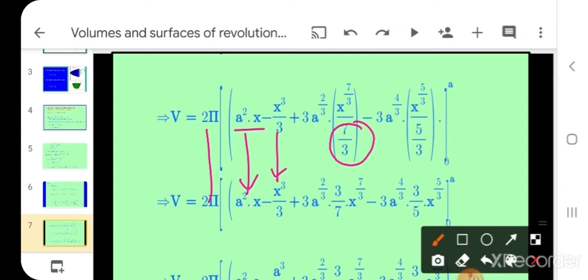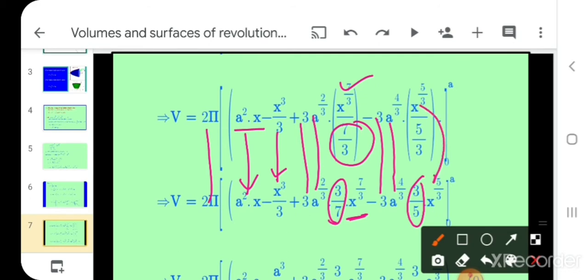Then what we write in numerator? 3 by 7. So I write 3 a power 2 by 3 into 3 by 7 into x power 7 by 3 minus 3 a power 4 by 3. Here also denominator we have 5 by 3, so I write 3 by 5. Same x power 5 by 3. Same limits 0 to a.